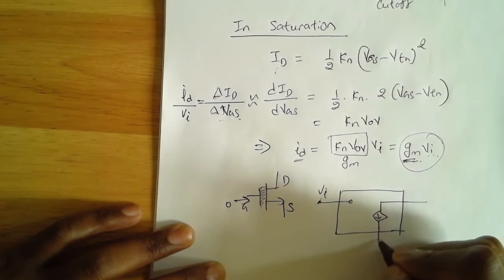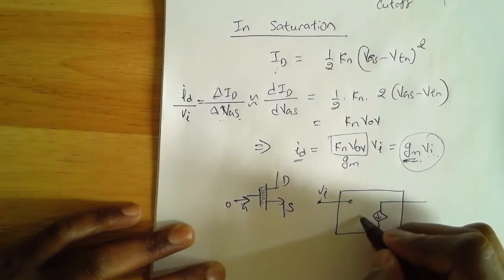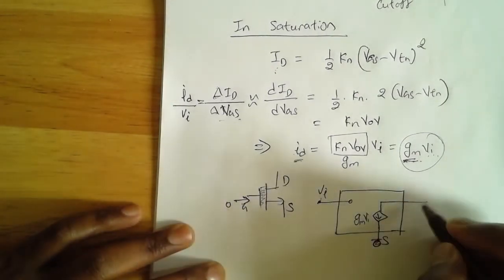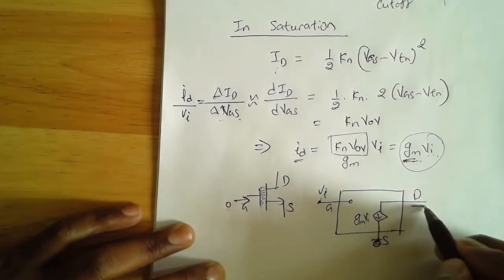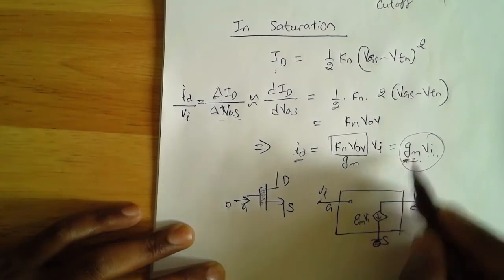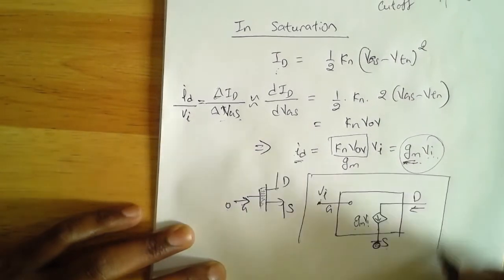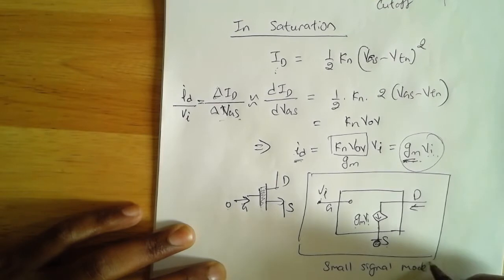This is the drain, this is the gate, this is the source, and the current going into the drain is equal to Gm times the input voltage, Gm vi. So this will be our small signal model for our MOSFET.